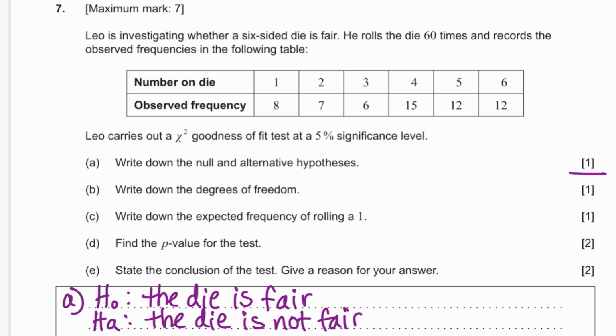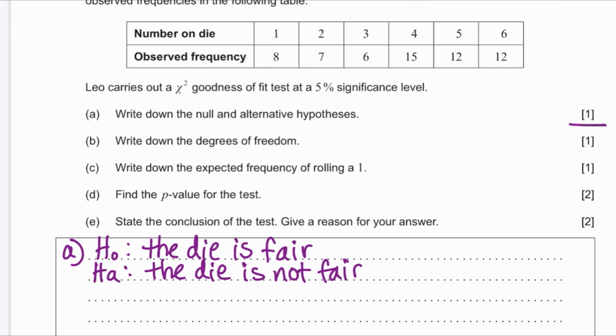You could have also written that the probability of any number is 1/6 for the null hypothesis. Other acceptable answers for the null hypothesis is that all the probabilities are equal, and then the alternative hypothesis would be the probabilities are not equal. You could also have written that the null hypothesis is that the probability of choosing any number is 1/6, and that the alternative hypothesis is that the probability of choosing any number is not 1/6.